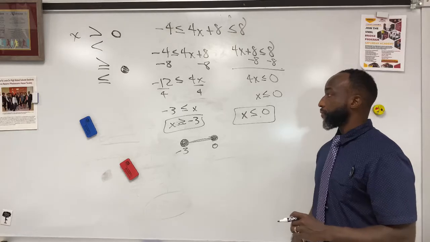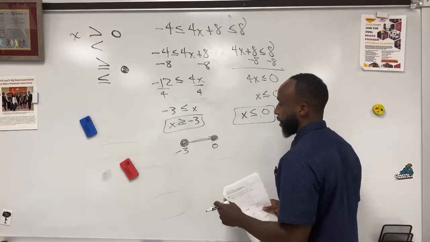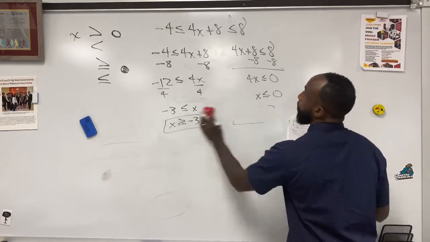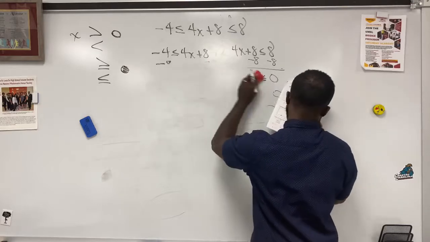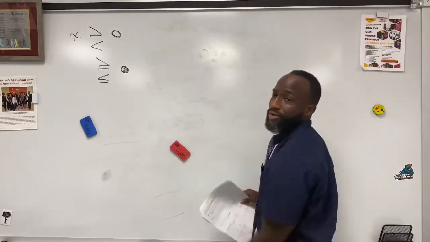Okay? Cool. And let's look at an OR inequality, and then I'll leave you alone. With an OR inequality, they're just going to give you two different inequalities, and you're going to solve the same way you would a regular solution.